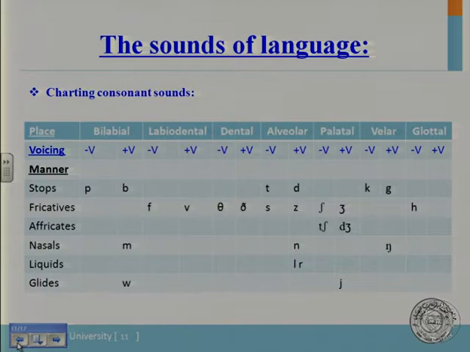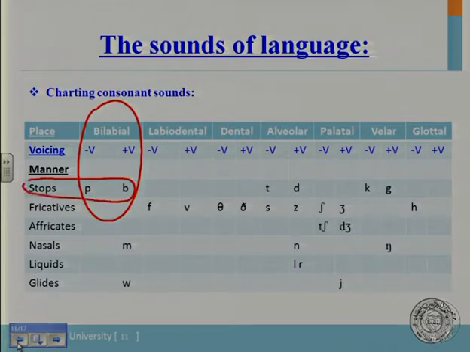In bilabial, we have two groups: a voiceless group and a voiced group. The sounds p and b are bilabial stop sounds. Why? Because, as you see here, this is the group of the place of articulation, and here we have the manner of articulation.